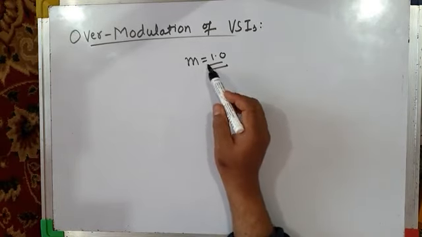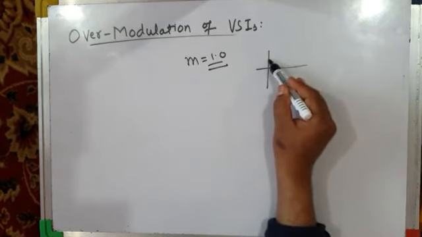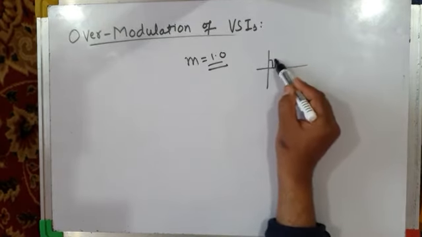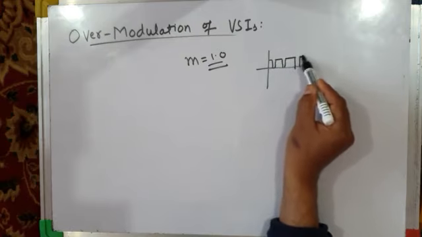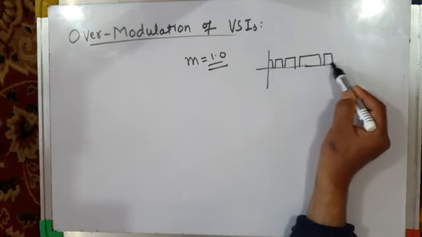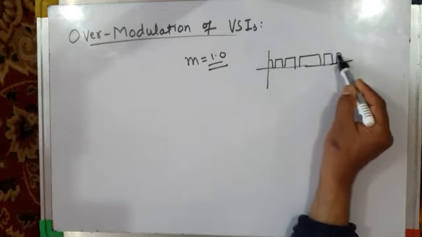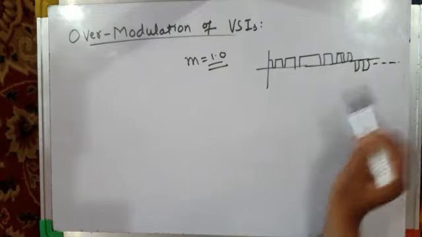Because there will still be notches. For example, you may get inverter output voltages like this. Near the peak, there may be some pulse dropping. This is in one half cycle. Similarly, in the other half cycle also, you will get something like this.